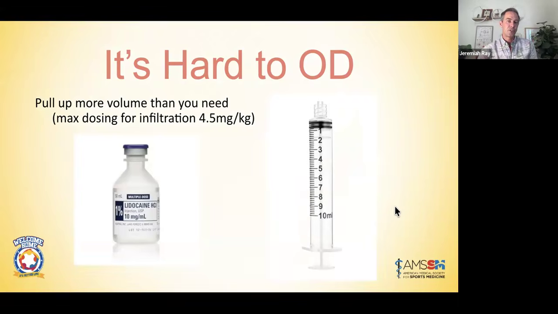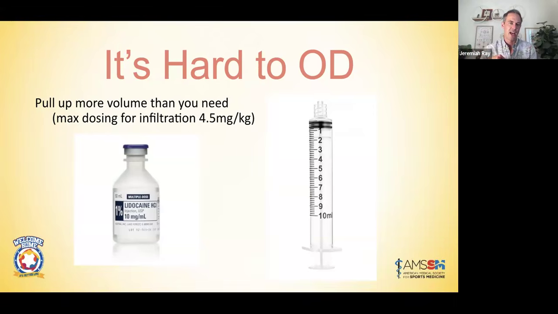Now, lidocaine, which is what we're commonly using in clinic for procedural blocks, is really hard to overdose on. So even though you might not need a large volume to get a good donut of anesthetic around these nerves, I usually recommend pulling up a lot more than you imagine. A couple of reasons. Number one, sometimes you get near the nerve and you'll be on the wrong side of fascia, and the fascia will deflect a lot of your anesthetic away from the nerve.